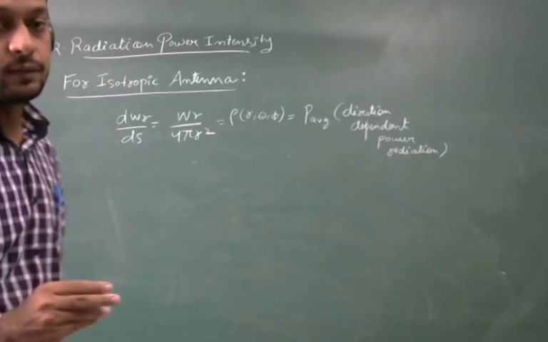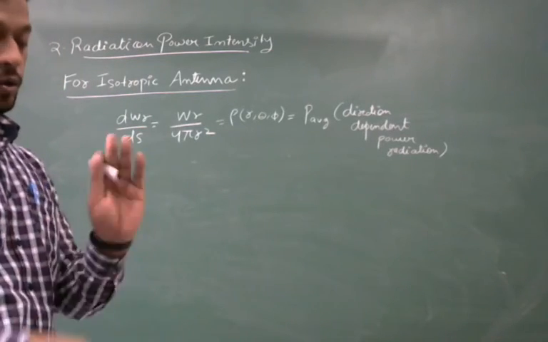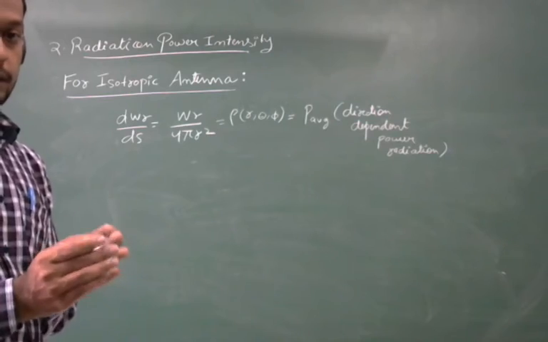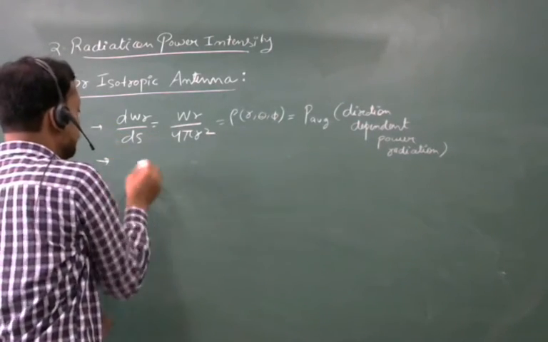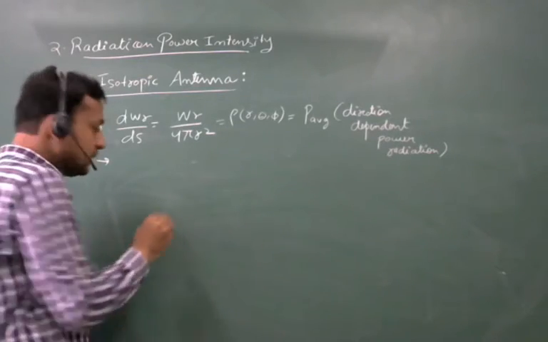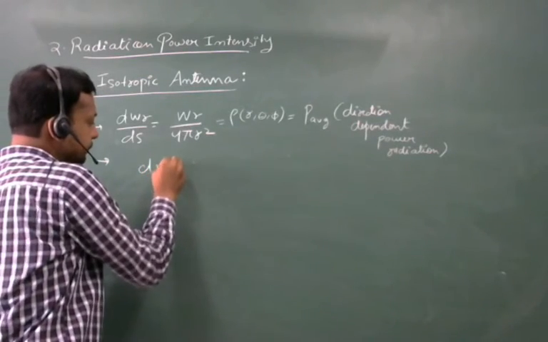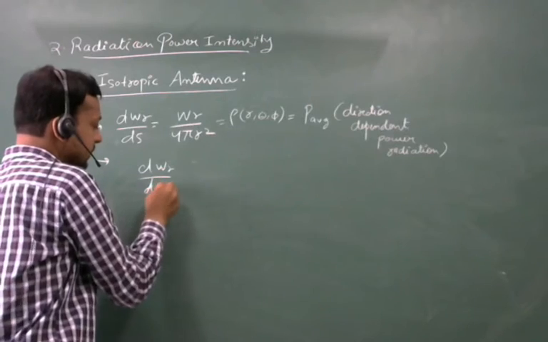Now, what happens for power radiation in all directions uniformly, for the isotropic case? We have d omega upon d solid angle.